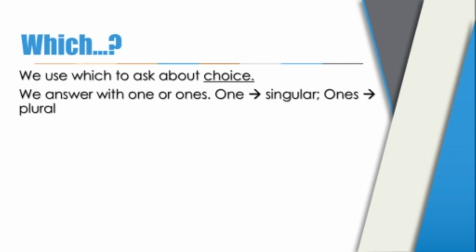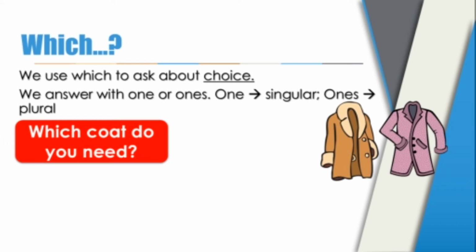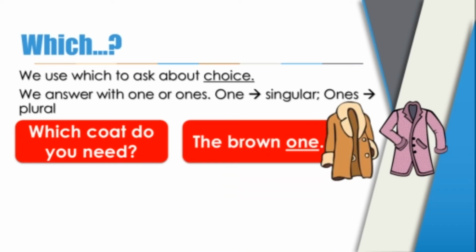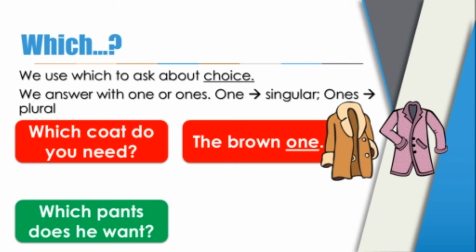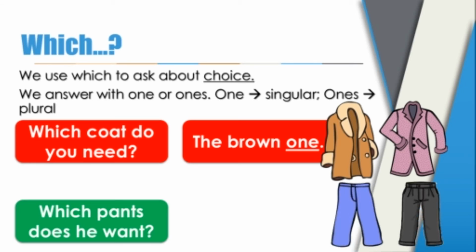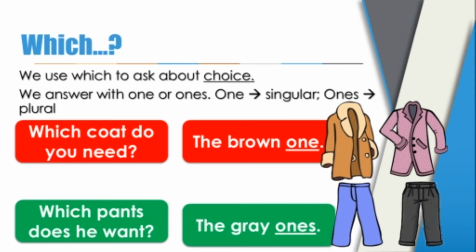We answer with one or ones. One is for singular things and ones is for the plural. Which coat do you need? The brown one. Which pens does he want? The gray ones. When we are asking about choice, we use the question word which.